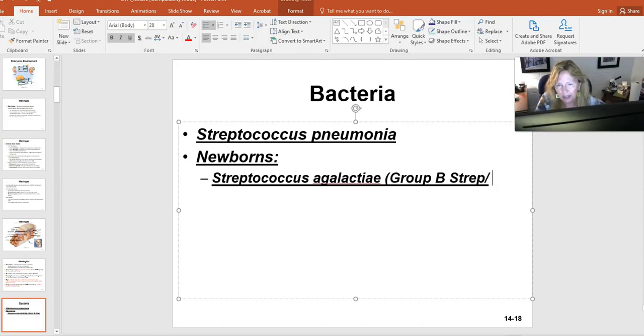Sometimes on lab reports it's called GBS, group B strep. This microbe is in everyone's colon, large intestines. It's part of your normal flora. It's not causing you any harm. And some women, not all, but about 20 to 25% of women, have this as part of their normal microbes in their vaginas. So where do neonates move through to be born?